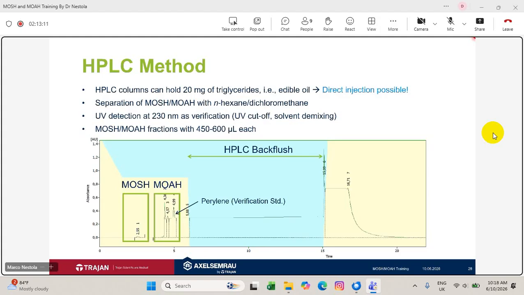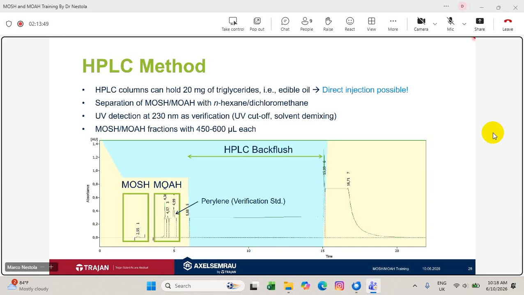Okay. By this gradient, we are getting a proper separation between the two classes. Since saturated hydrocarbons do not have any retention, they are always eluted in the void volume of the column. That's always the case. So saturated hydrocarbons start to elute with the void time of the column. Therefore, MOSH is always, or in many cases, looking perfectly, even when the separation did not work on the HPLC column.